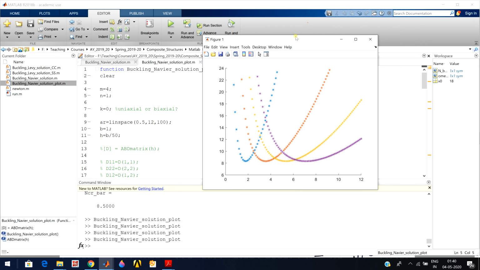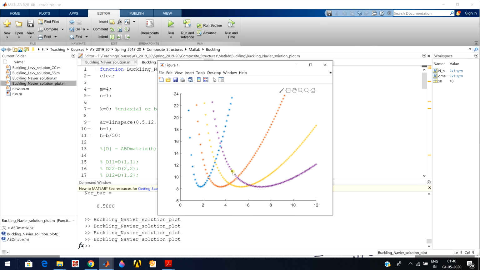So all these curves are denoting the non-dimensional buckling load. Now we have to see for which aspect ratio we get the minimum value, corresponding to which m.